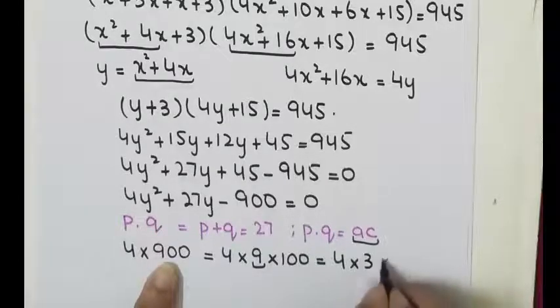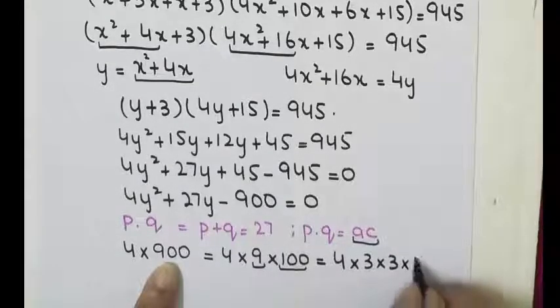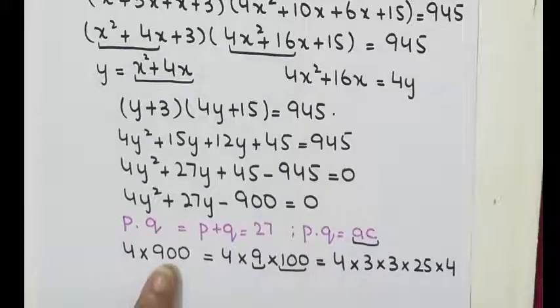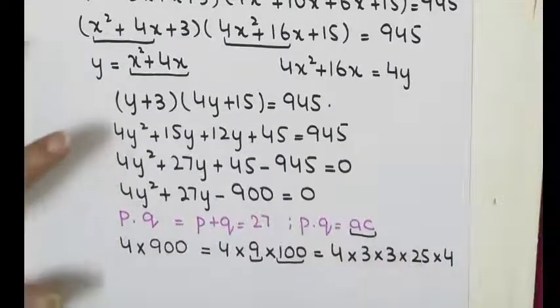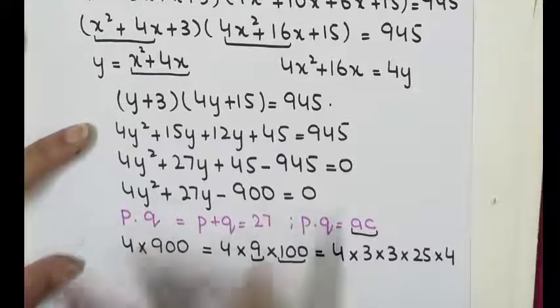We can write 9 as 3 into 3. 100, we can write it as 25 into 4, 4 times 25 is 100, right? So now we will take two pairs which can give us 27 by addition and 3600 by multiplication.